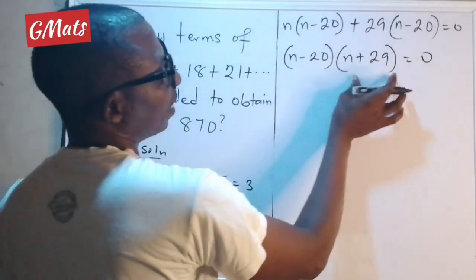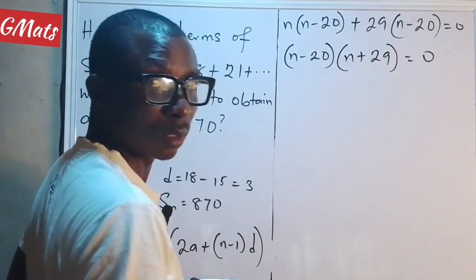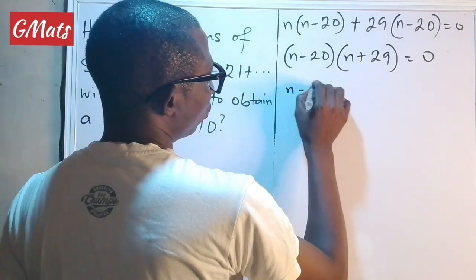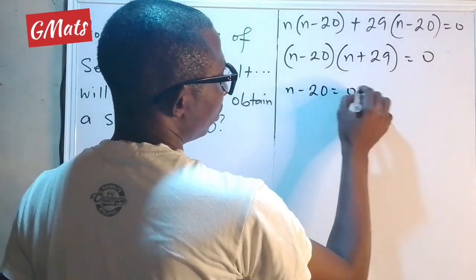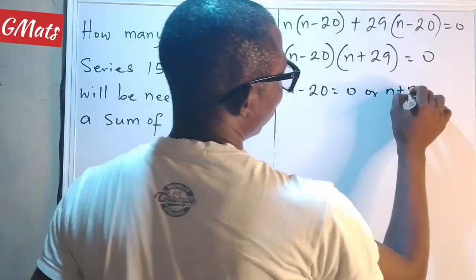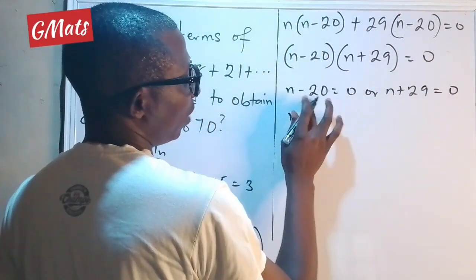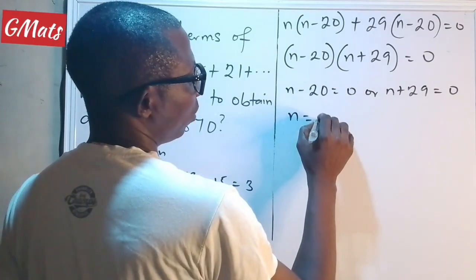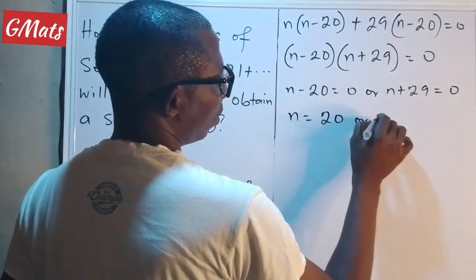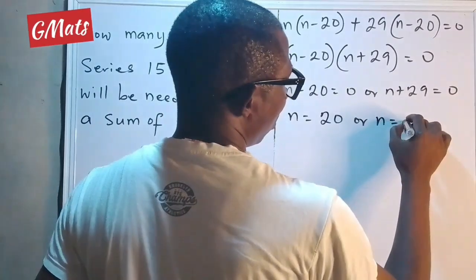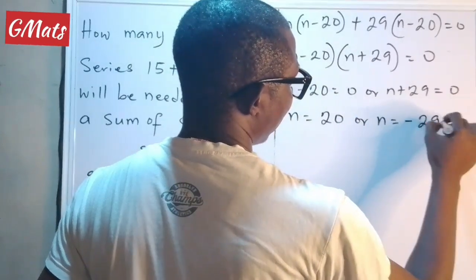Okay, so two numbers multiplying each other to give 0. So it's either n minus 20 equals 0 or n plus 29 equals 0. So n will be, when you move this to this side, n equals 20 or n equals minus 29.